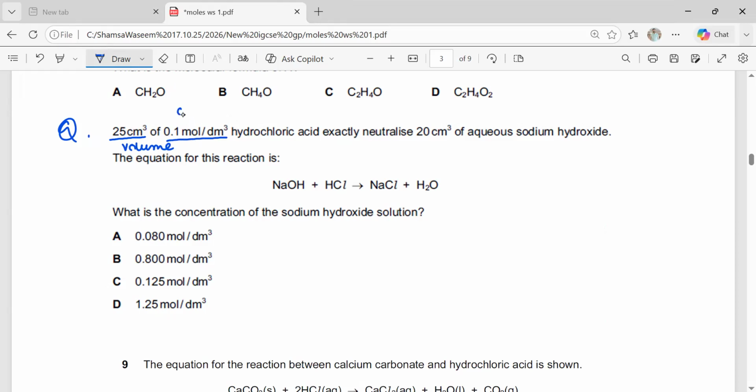That's a concentration. Very good, concentration. Shabash. So 25 centimeter cube of 0.1 mole per decimeter cube of hydrochloric acid exactly neutralizes 20 centimeter cube, which is also volume. Okay. Lekin that's going to be volume of sodium hydroxide. Right? So see, they have given us the volume and concentration of hydrochloric acid, but they just have given the volume of sodium hydroxide.